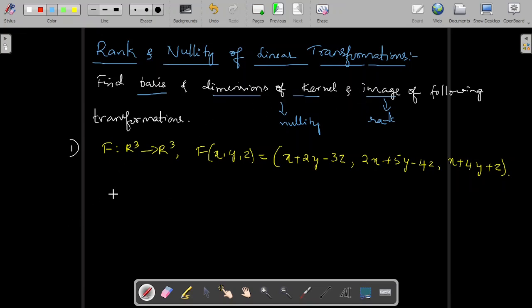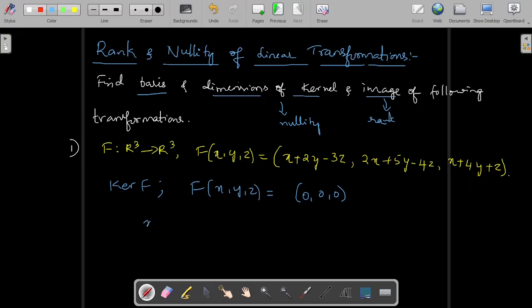First we have to find the kernel of f. Kernel of f means all those vectors which map to 0. Means we have to find all those vectors which map to (0, 0, 0), because the second vector space is R cube under the transformation f.